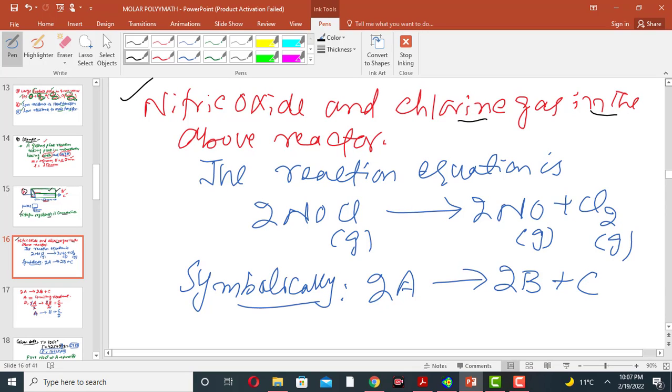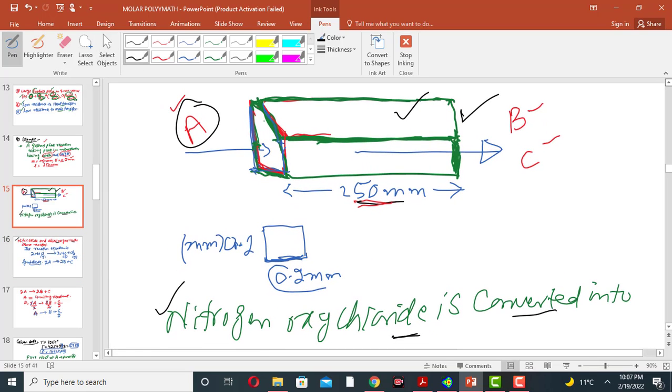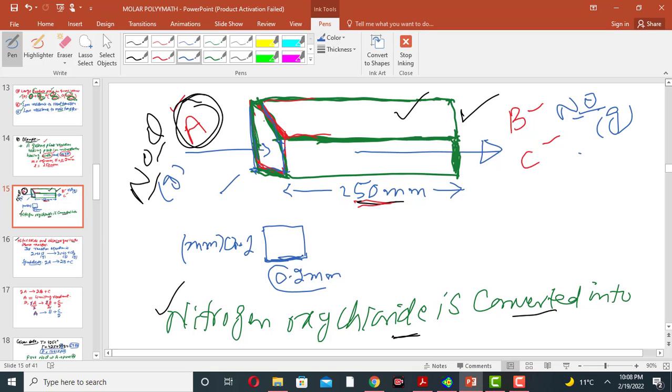So in this reactor, nitrosyl chloride or nitrogen oxychloride, which is denoted by NOCl, is converted into products. And what are our products? Nitric oxide, which is in gaseous form, and chlorine gas, which is also gaseous. So component A is nitrogen oxychloride, component B is nitric oxide, and component C is chlorine.